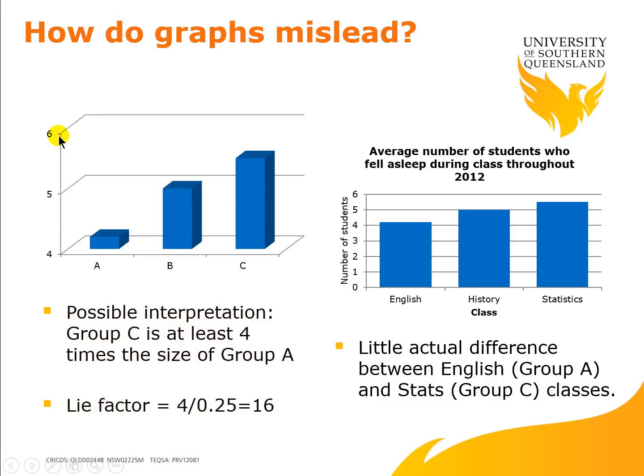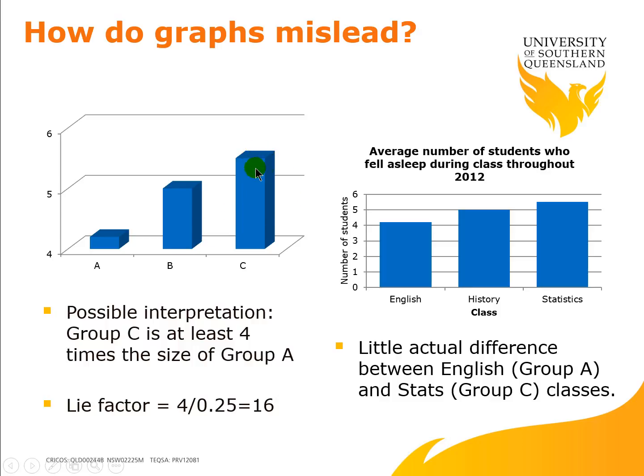But even if you took into account the change in the y-axis here, starting from 4 and only going to 6, this 3D effect looks pretty and it looks nice and it's very tempting to do for graphs, but the human brain is not very good at assessing height and volume or area all at the same time. So when we're looking at volume, the human brain tends to overemphasize.